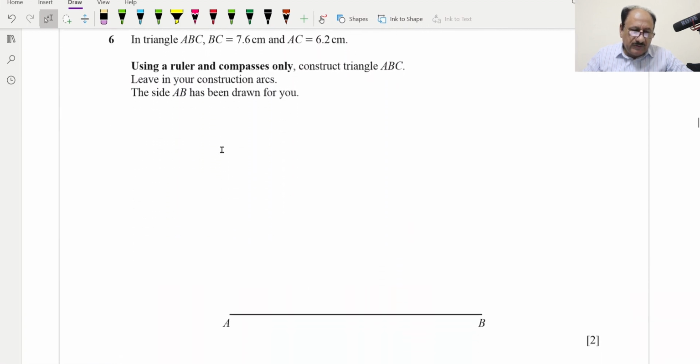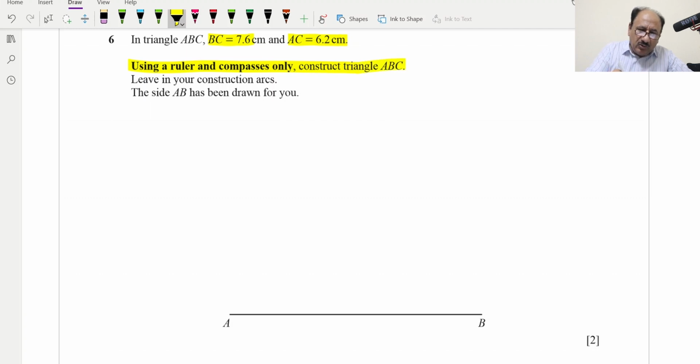Then question number 6. In triangle ABC, they have provided BC, which is over here. BC is equal to 7.6, AC is 6.2. Using a ruler and compasses only, construct the triangle ABC.